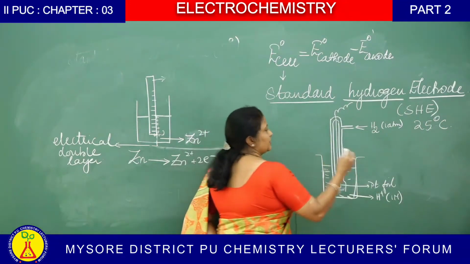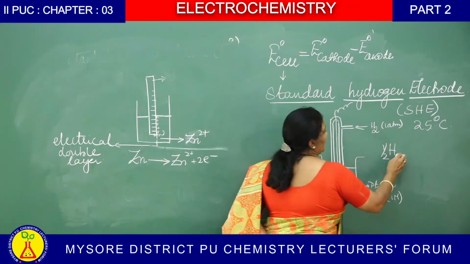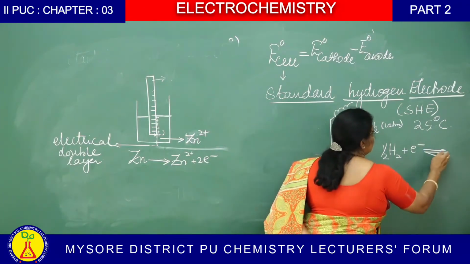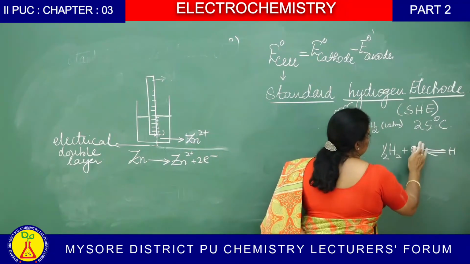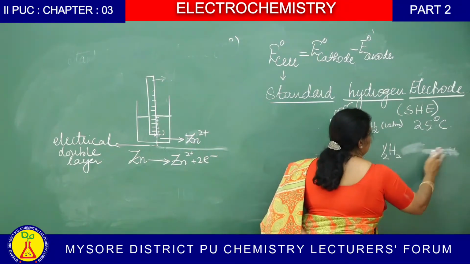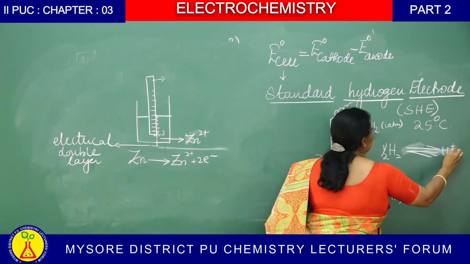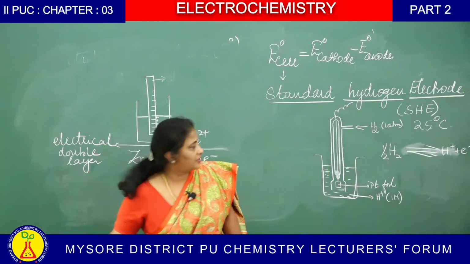The reaction which is occurring here is half H2 giving H+ plus e minus, and it is a reversible reaction.